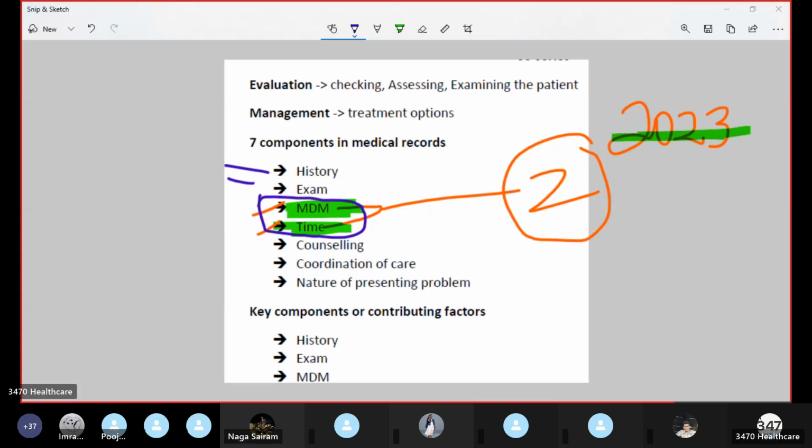Correct. The patient only will give the history. What all he is feeling, what problems he is facing, he will tell.